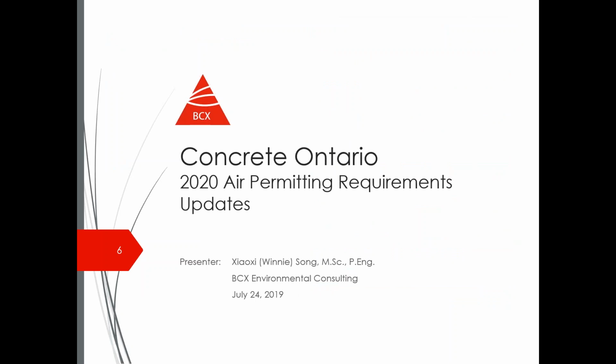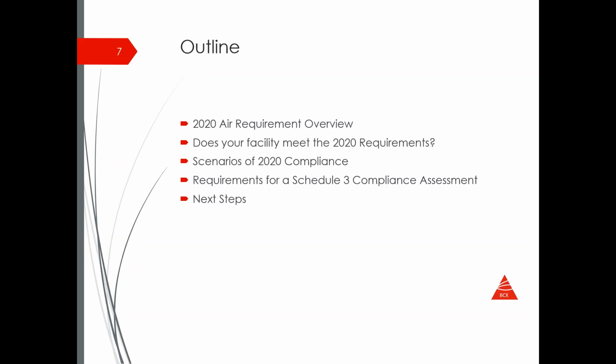Great. Thank you, Alan, for the awesome introduction this morning. So thanks to Concrete Ontario again for giving us this opportunity to share our knowledge about the 2020 air permitting requirement. So this is today's agenda. We'll start off with an overview about the 2020 air requirements.